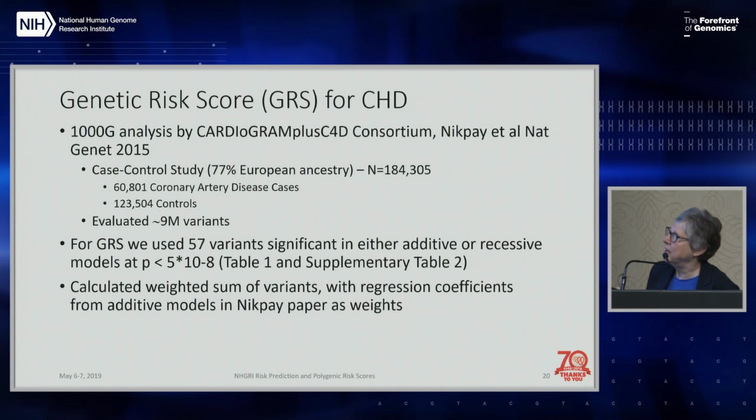They evaluated about 9 million variants, and we drew the genetic risk score from this paper, and we selected the 57 variants that were significant either in additive or recessive models at 5 times 10 to the minus 8. And then we calculated the genetic risk score as a weighted sum of the risk alleles of these variants, using the regression coefficients from the additive model in the Nick Pay paper.